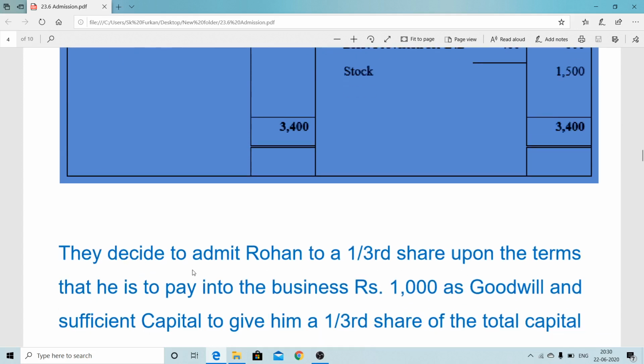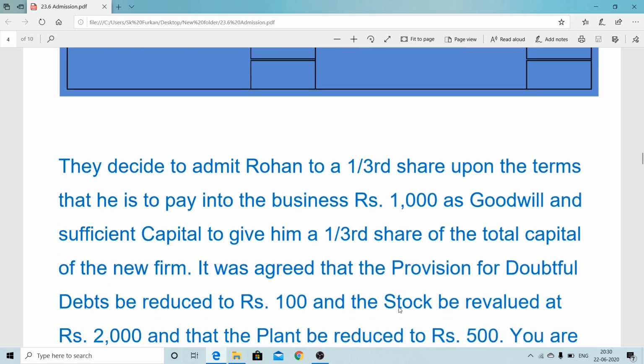They decided to admit Rohan for 1/3 share. And what are the terms and conditions? The new partner has to pay rupees 1,000 as his share of goodwill, and sufficient capital for 1/3 share of the total capital of the new firm.